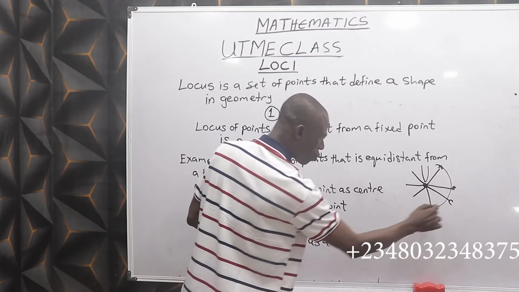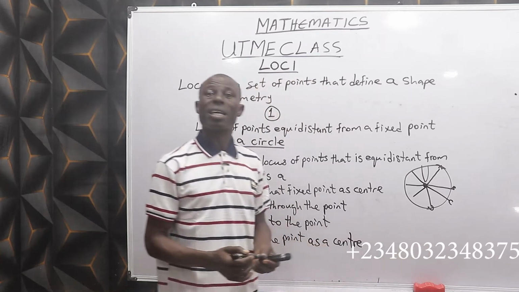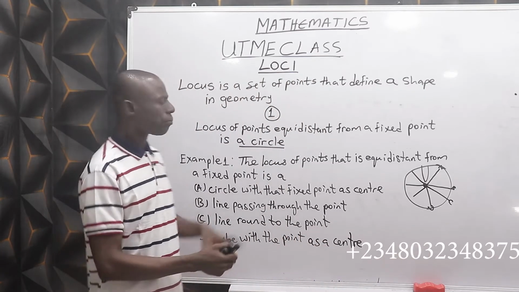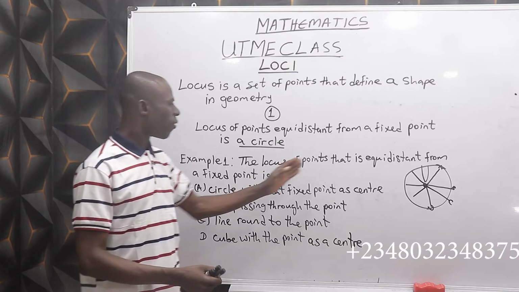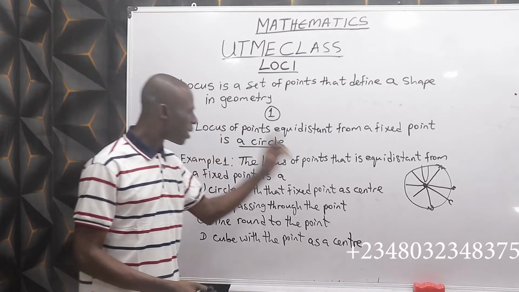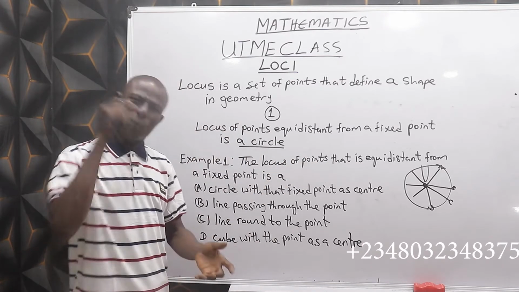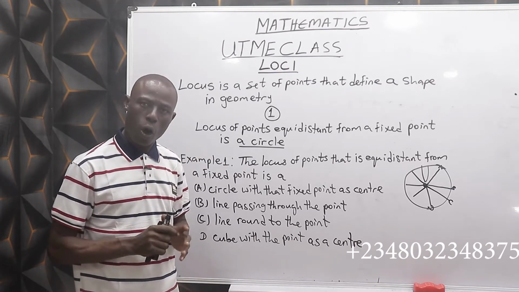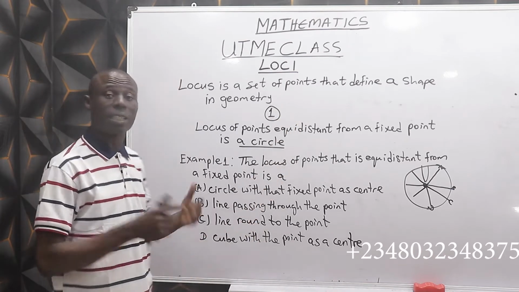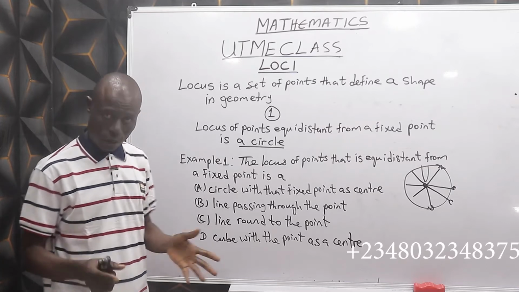By the time you join them together, you form a circle. Therefore, the locus of points equidistant from a fixed point is called a circle. That is a way of defining circle.